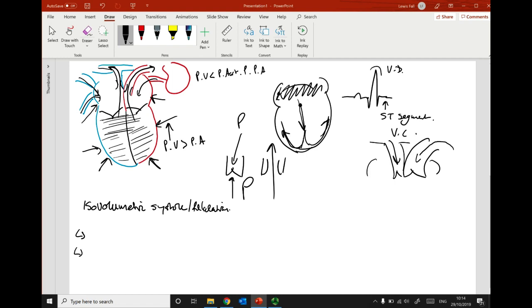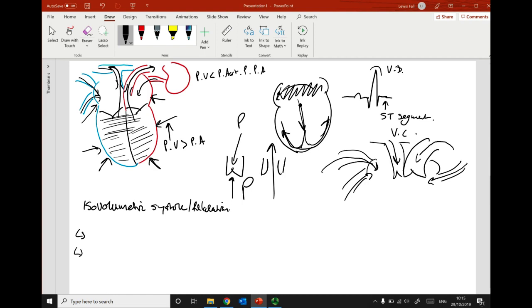This is where blood now will start to flow back. We draw the vena cava right here, and the pulmonary veins here. Blood will now start to flow back into the heart because we're in diastole. So we've done our ejection. Now we're going to do our filling again. So what happens now?